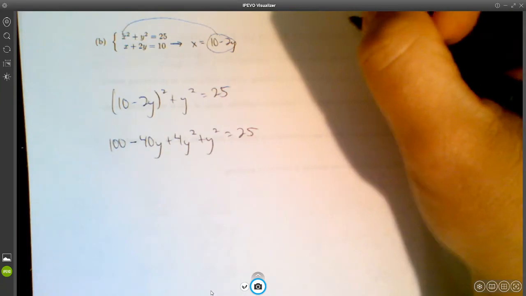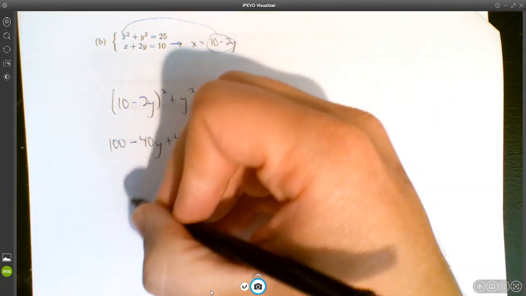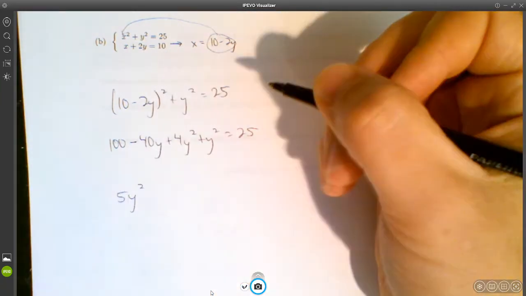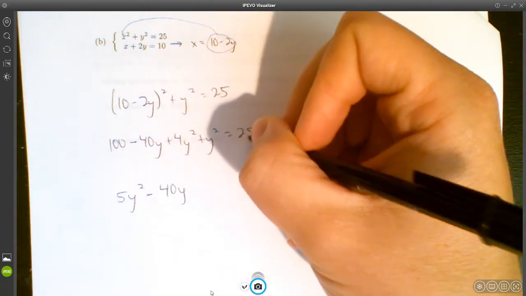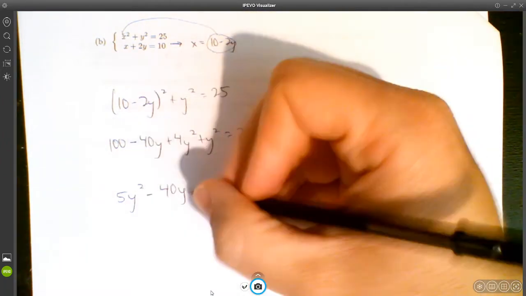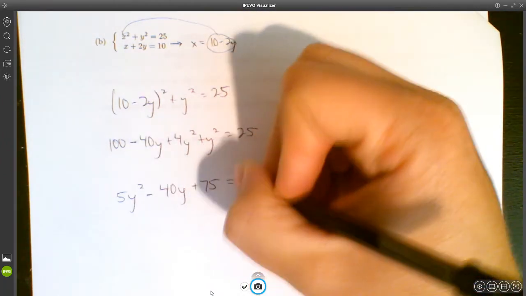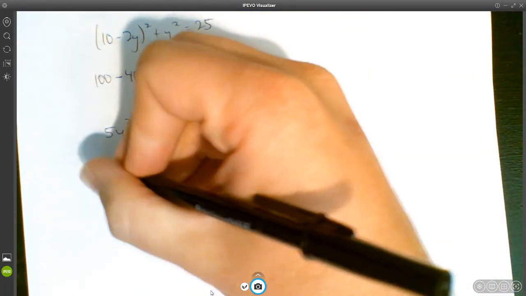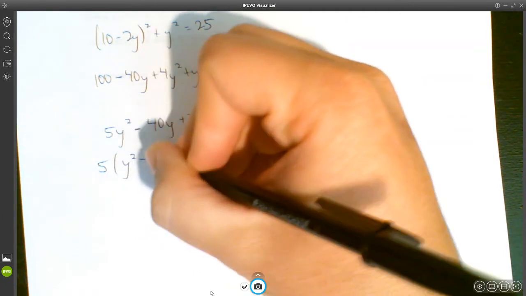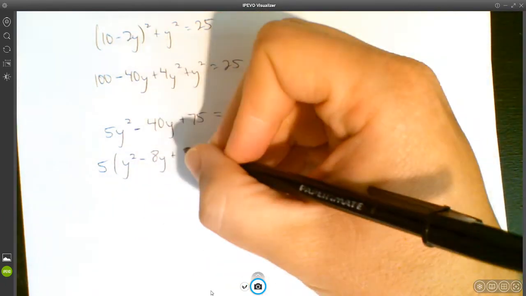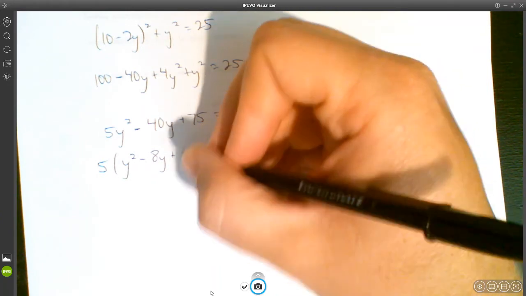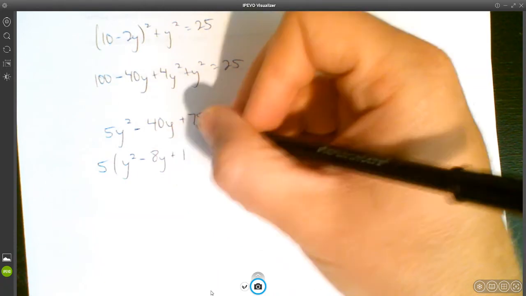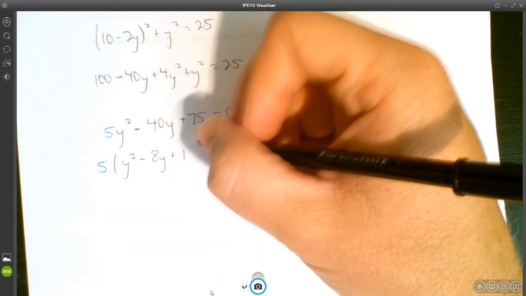So rewriting this in descending order and combining my like terms, I'm going to have 5y squared minus 40y, 100 minus 25 is plus 75, right, equals 0. I think I can factor out a 5. I know I can factor out a 5, right? This is going to be y squared minus 8y plus, well, how many times does 5 go in? 5, so once, and then 2, bring down the 5, so 15 times.